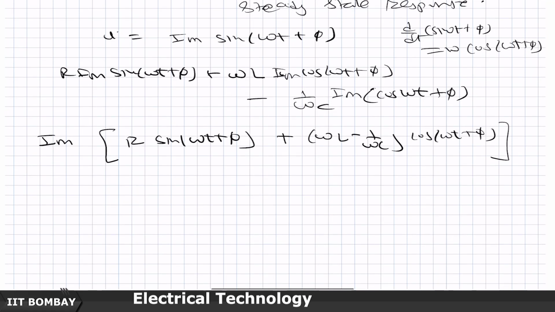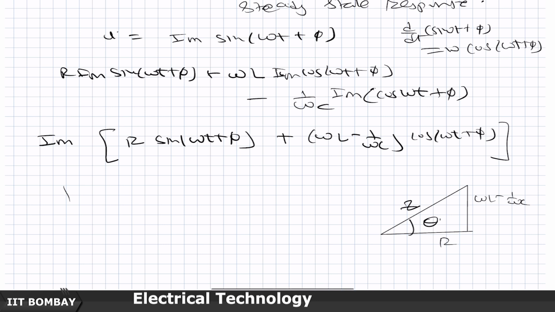You get something like this, and then we said okay, let us keep R on the x-axis, let us take omega L minus 1 by omega C on the y-axis, and let us call this resultant vector Z at an angle theta.